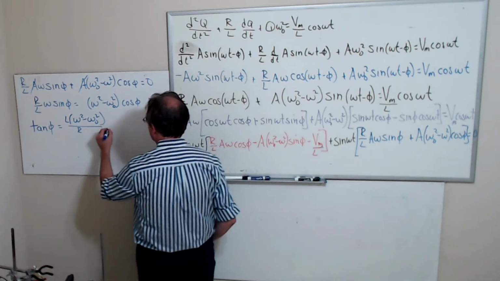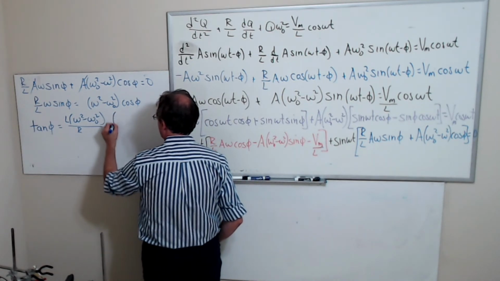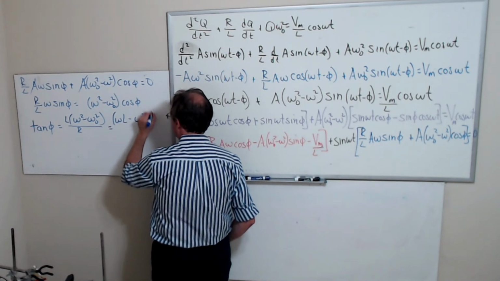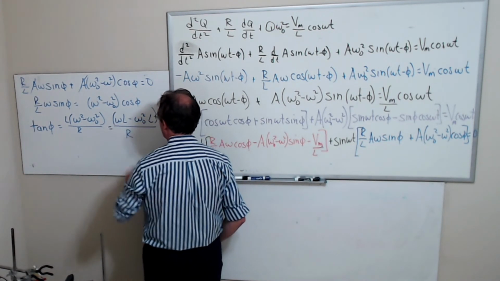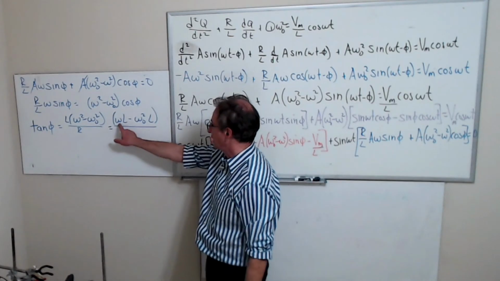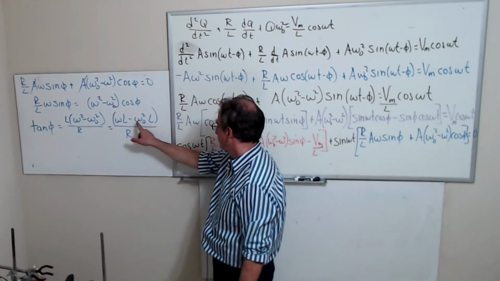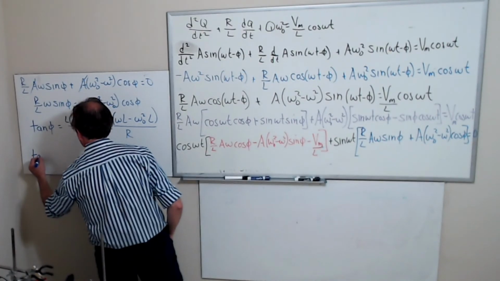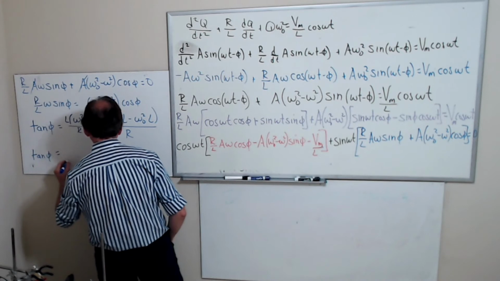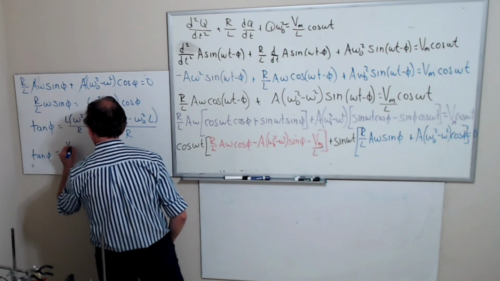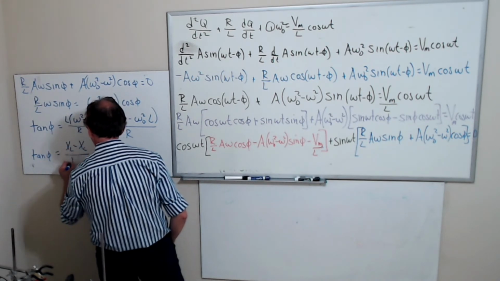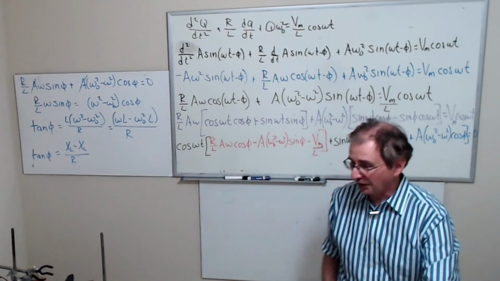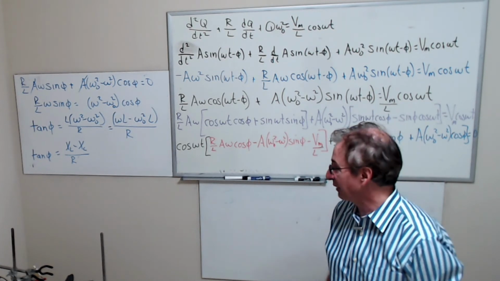And so I'm going to get omega times L minus omega naught squared times L over R. That's x sub L. This is x sub C. Which is in agreement with the phasor diagrams that we did.